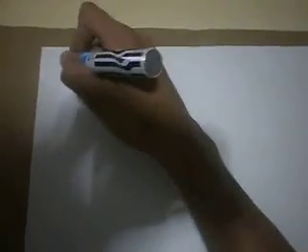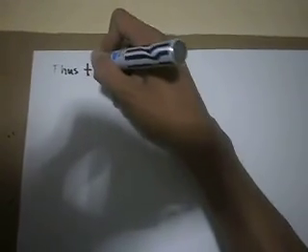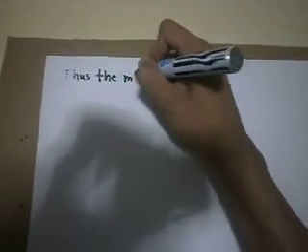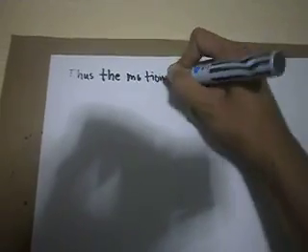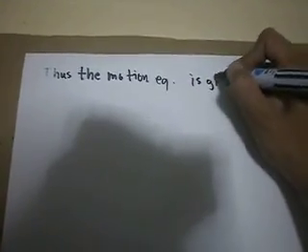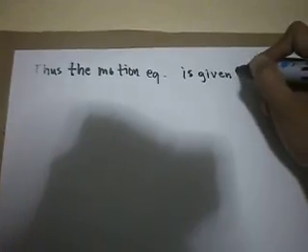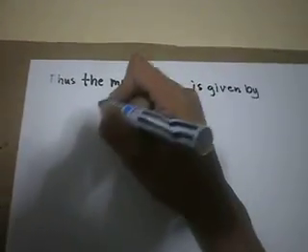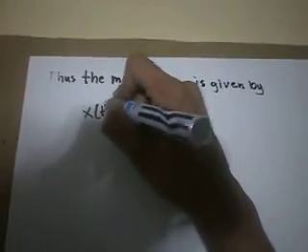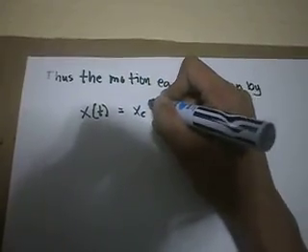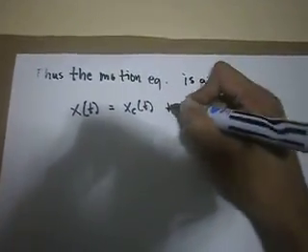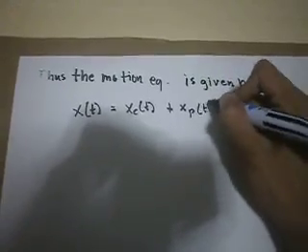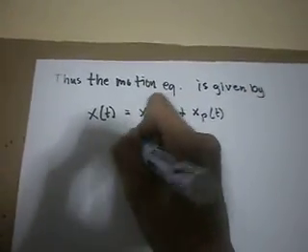Thus, we can now conclude that our motion equation is given by x of t equal to x_c of t plus x_p of t.